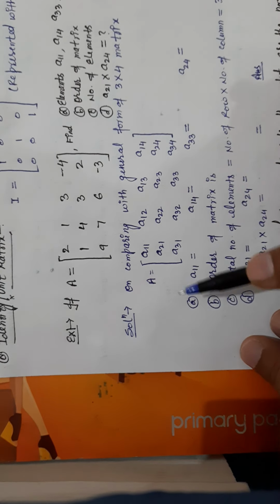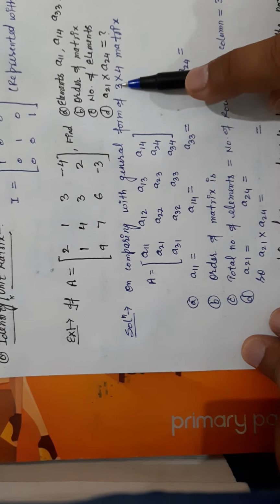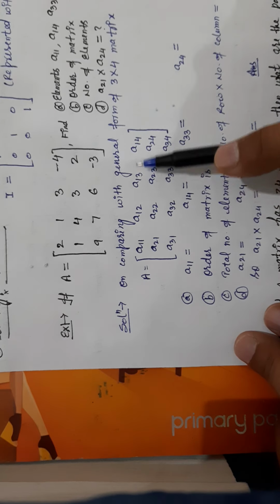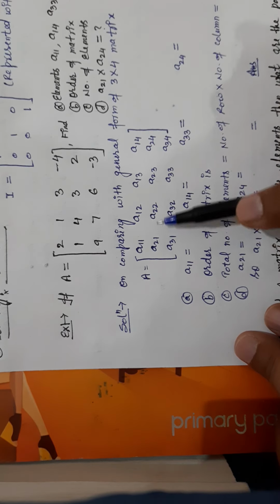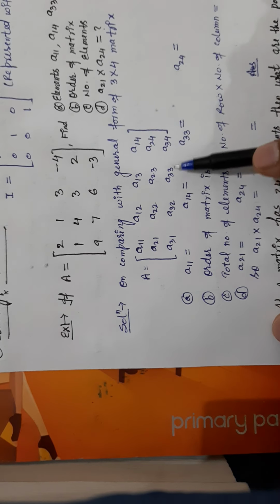So firstly we will compare this matrix with its general form of 3×4 matrix, which is A11, A12, A13, A14, A21, A22, A23, A24, A31, A32, A33, A34.